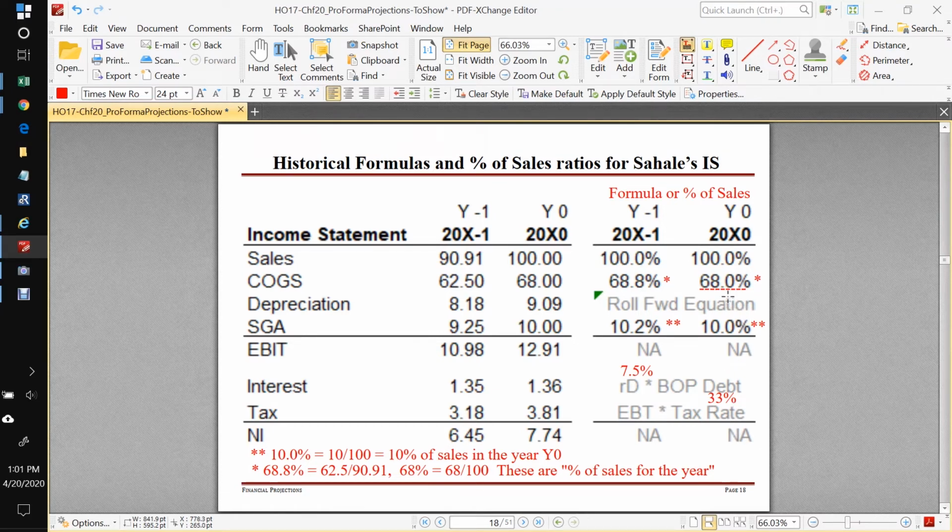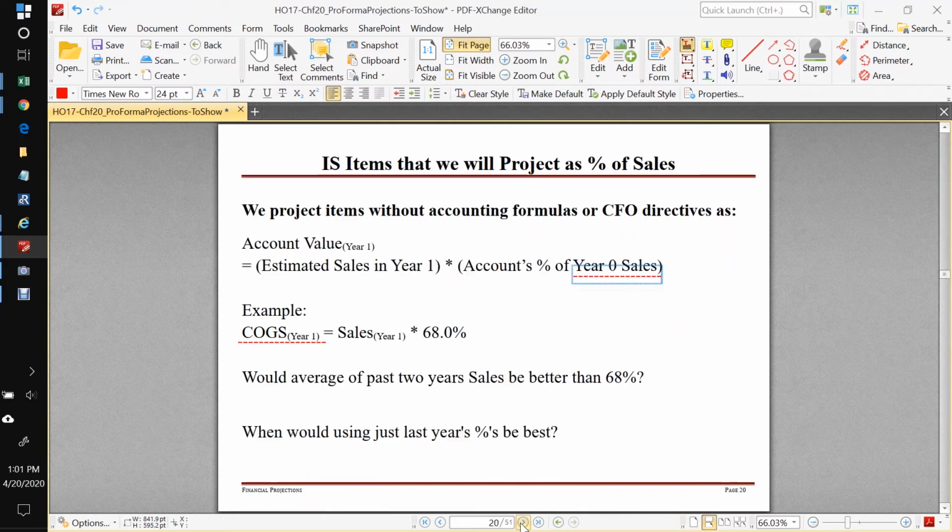So we're generally going to project ahead to year one, year two, year three, based on what happened in year zero. And that really is just for pedagogic purposes to minimize errors and things like that. We're just using Y0 only for convenience.